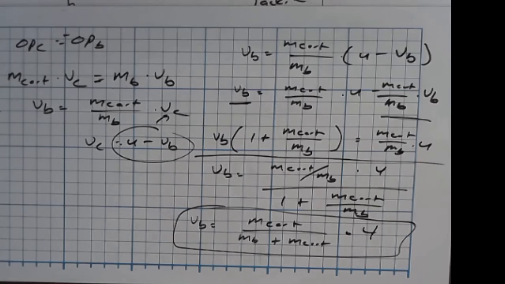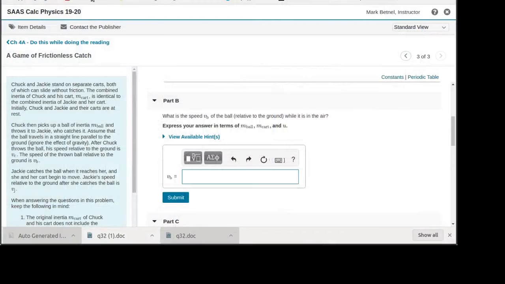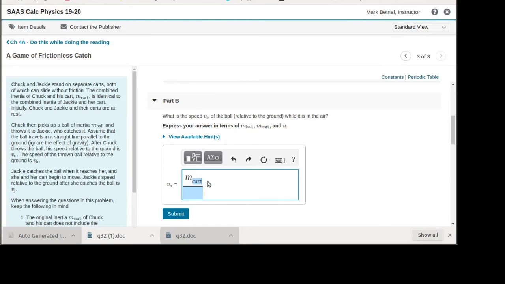Go back to the web page and write in the fraction m sub cart divided by m sub b plus m sub cart times u, and submit.